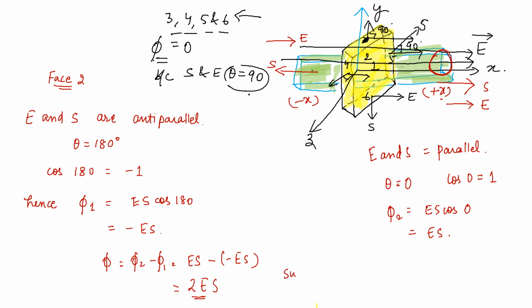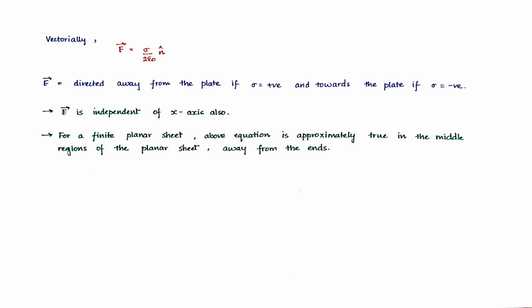Now S is the surface area, which is given by A, so we will replace this surface area as A. So that's how we are getting this particular surface area. The one thing I aim at telling is, we get one flux as q upon epsilon naught and the other flux as 2EA.